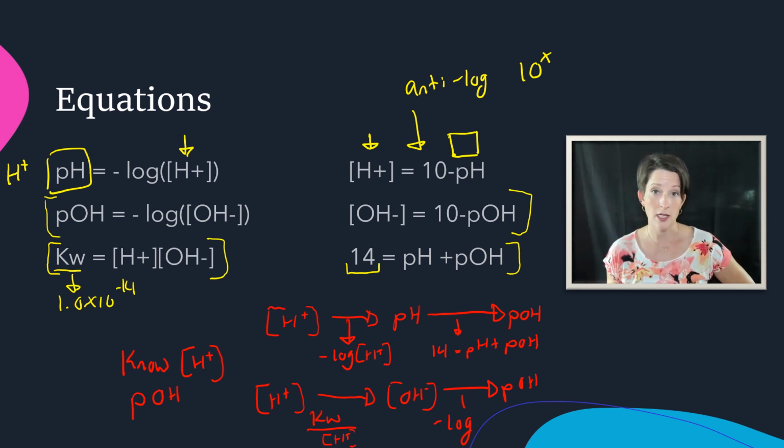My suggestion is figure out if you prefer working with exponents in the Kw or if you'd rather work in the logarithmic scale of pH and pOH. Because they'll get you to the same place. It's just how confident are you within your calculator of working with exponents versus whole numbers. Making this map will help you orient your understanding of how to get from what we were given to what we want to know.